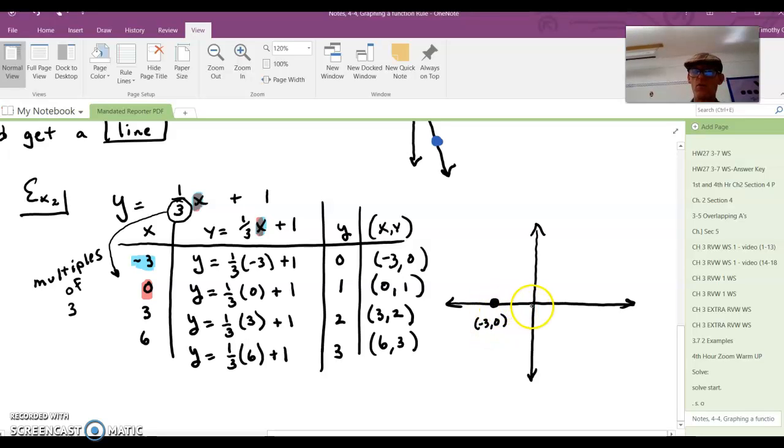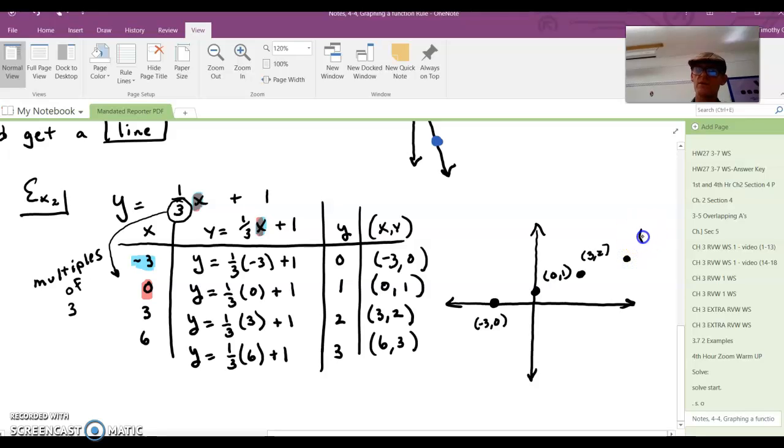All right, so 0, 1 is right here. Now I'm going to go over 3, and I'm going to go up 2. Now remember, these things are lined, so things should line up. This ordered pair is 3, 2. And then I'm going to go over 6, 1, 2, 3, 4, 5, 6, and up 3, 1, 2, 3.